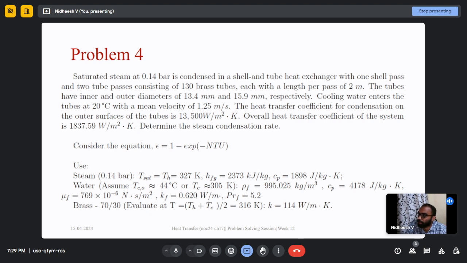That TC is actually the average temperature of outlet and inlet. So outlet is 20 and inlet is 44. It should be the average of outlet and inlet.